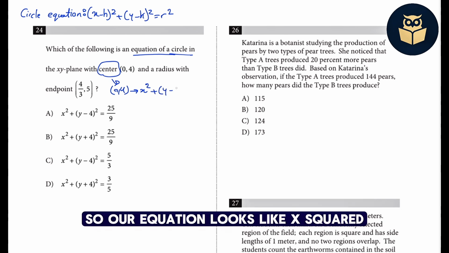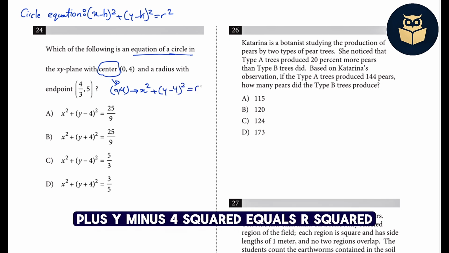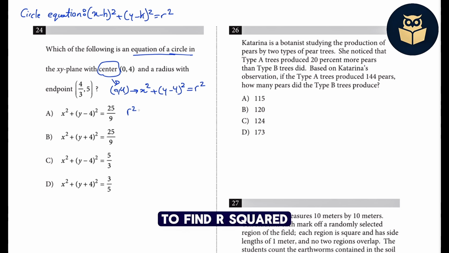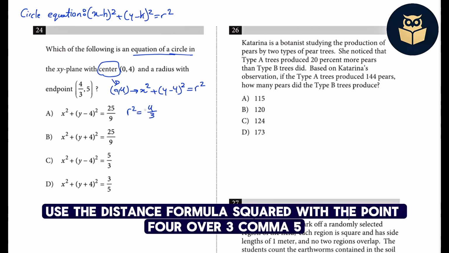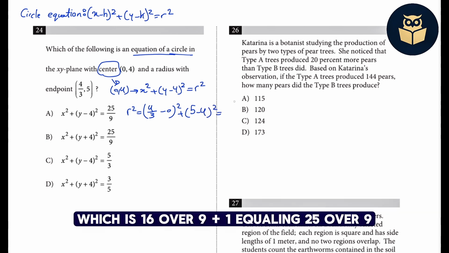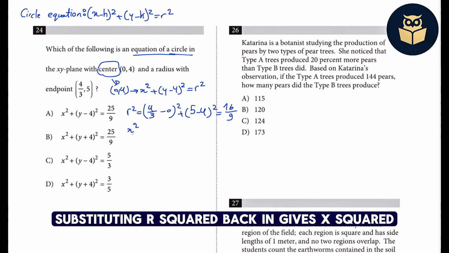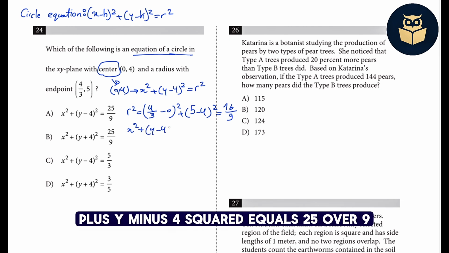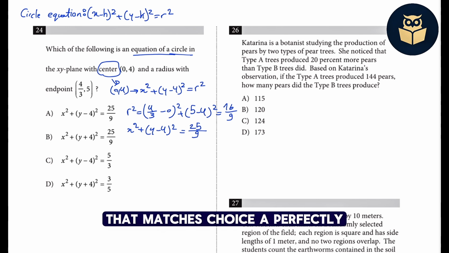So our equation looks like x squared plus (y minus 4) squared equals r squared. To find r squared, use the distance formula squared with the point (4/3, 5). R squared equals (4/3) squared plus (5 minus 4) squared, which is 16 over 9 plus 1, equaling 25 over 9. Substituting r squared back in gives x squared plus (y minus 4) squared equals 25 over 9. That matches choice A perfectly.